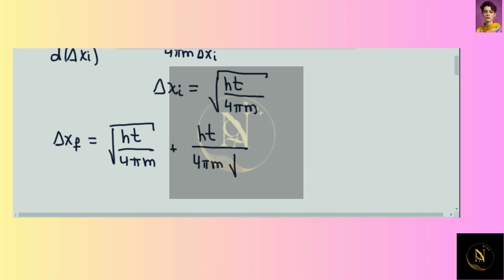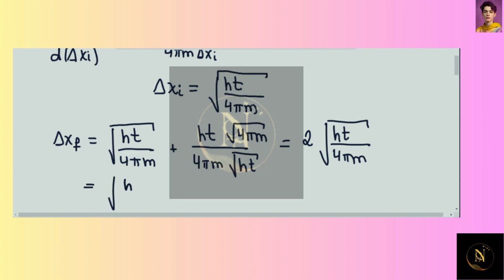So that's the square root of ht divided by 4 pi m again. So you get that this is equal to 2 times the square root of ht divided by 4 pi m, which is the same as just the square root of ht divided by pi m.